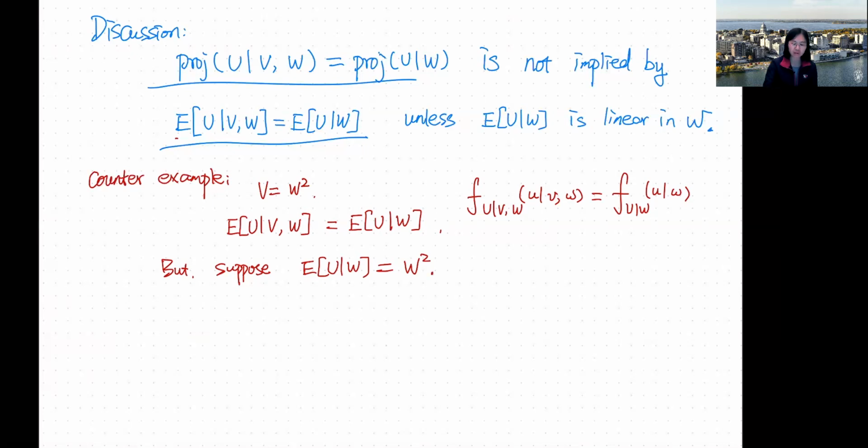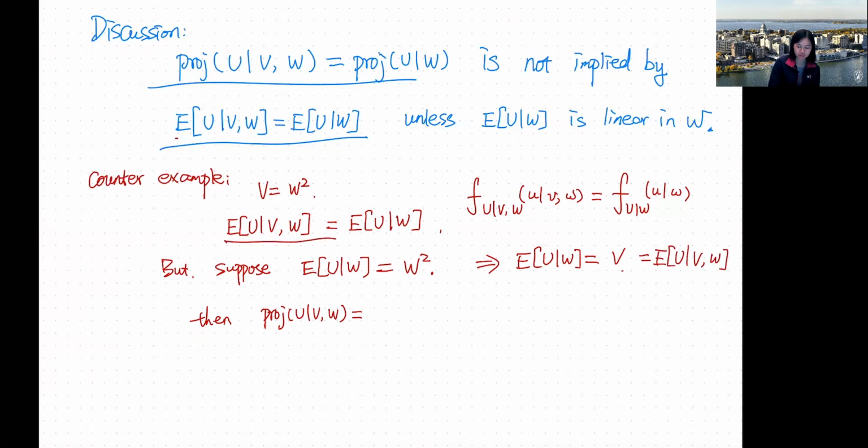If E[U|W] is in fact W squared, then the projection of U given V and W, if E[U|W] equals W squared, that implies E[U|W] equals V, so it's a linear function of V, and that also equals E[U|V,W], because these two conditional expectations are the same.